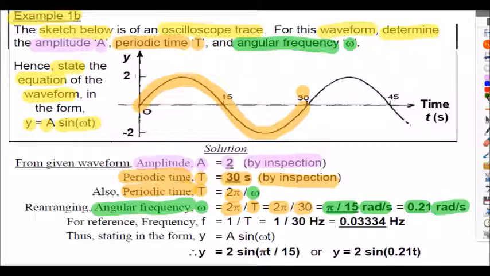This expression here is termed pi radians, and that's the exact value, and this is the approximation in decimal form.